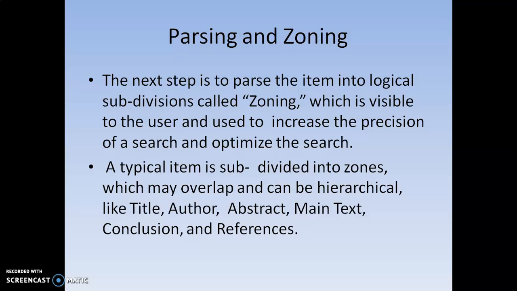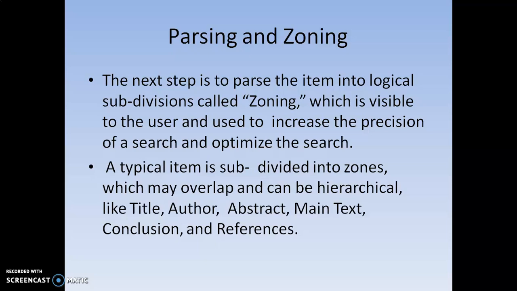For example, a typical item is subdivided into zones. These zones can overlap or be hierarchical. For example, in a document we have the title of the document, the author, the abstract, main text, conclusion and references.